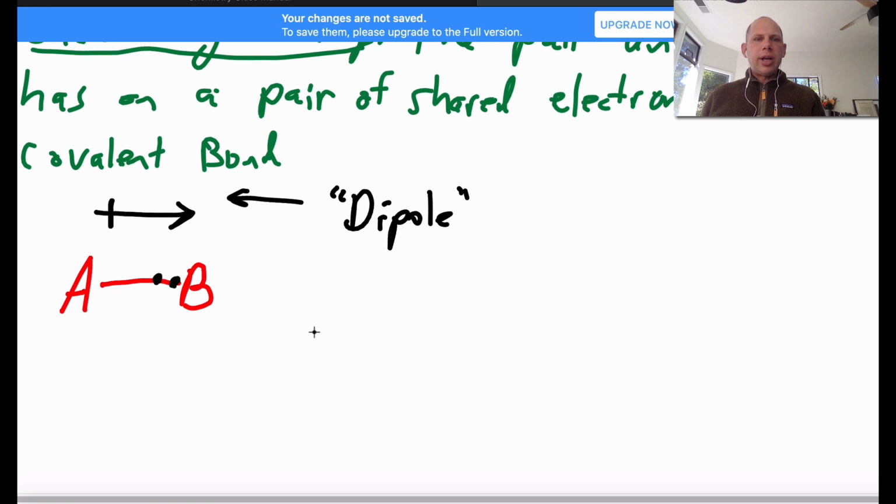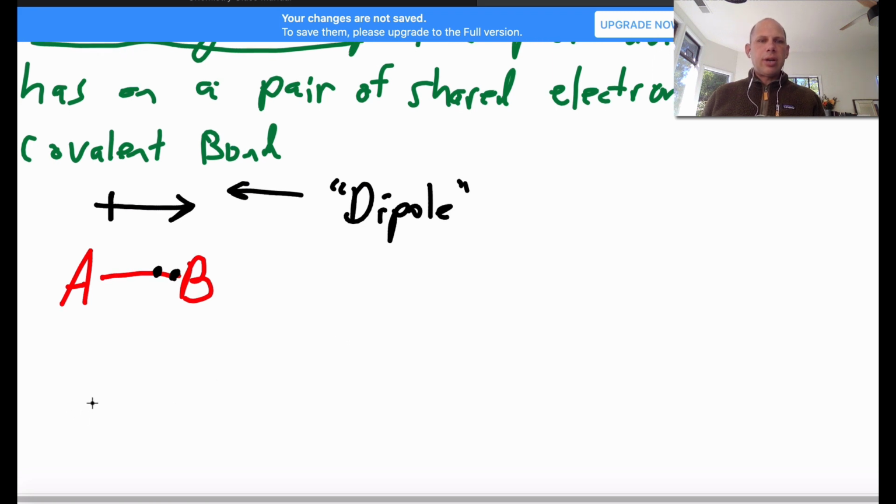Okay, so if we had a situation down here, where we had A and B, and let's say A had a higher electronegativity, that means the arrow would be pointing in this direction towards A, and that is a dipole.